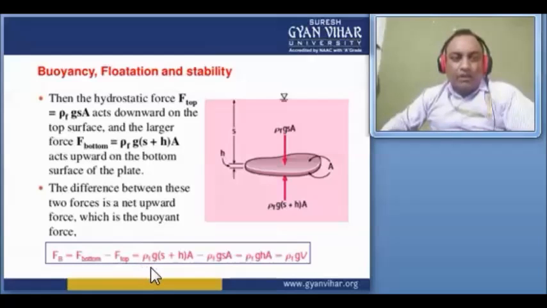This is equal to rho f g (s plus h) into A minus rho f g s into A, which equals rho f g h into A, which equals rho f g into V. This is the volume of this object, right?